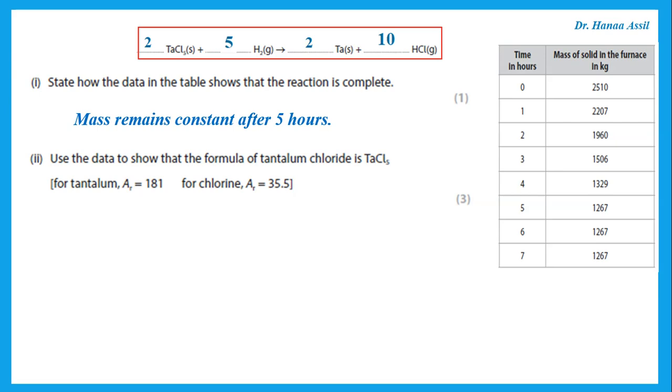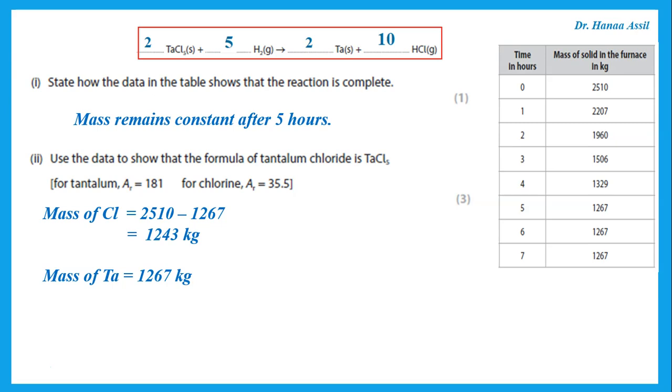Now use the data to show that the formula of tantalum chloride is TaCl5. So how much tantalum do we have? The tantalum is the final mass of the solid. That's the mass of the tantalum. And the difference between what we started with and the final mass would be the mass of chlorine. And the final mass is the mass of tantalum solid.